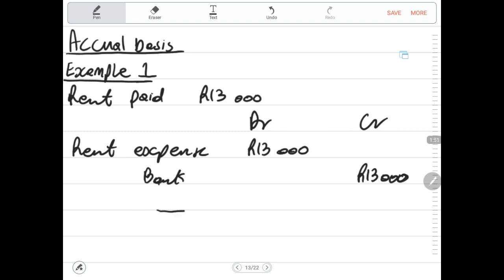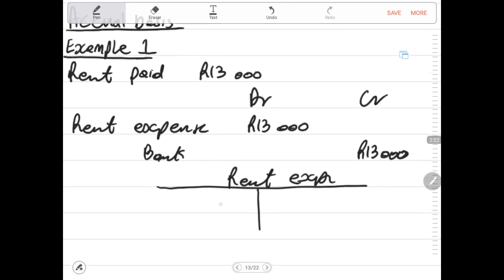Then there will be what we call a ledger account. Now I want to focus only on the rent expense, not on the bank part, because I want to explain the accrual basis.